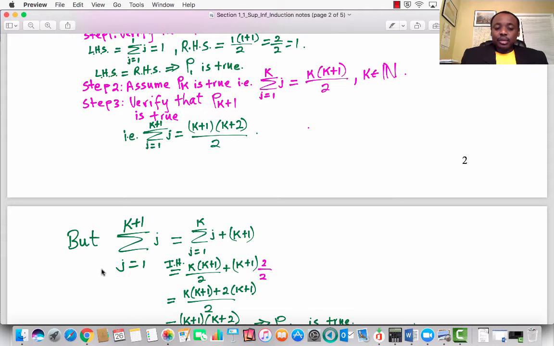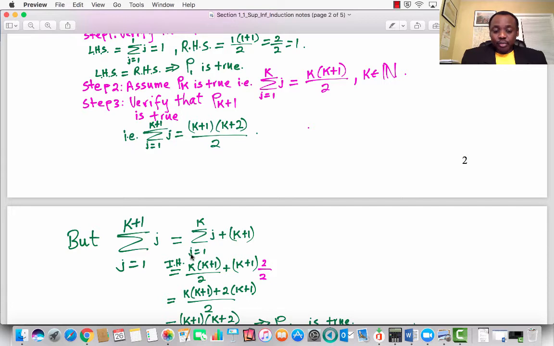The summation j from 1 to k plus 1 of j equals the summation j from 1 to k of j plus (k plus 1). Now, this is a simple property of the summation sign sigma. I have simply taken off the (k plus 1)th term.